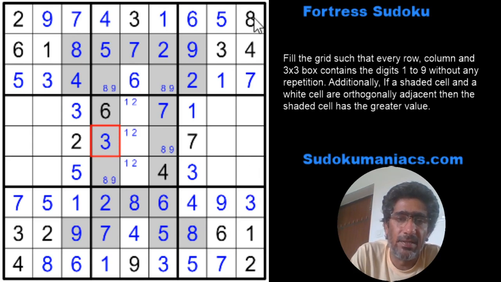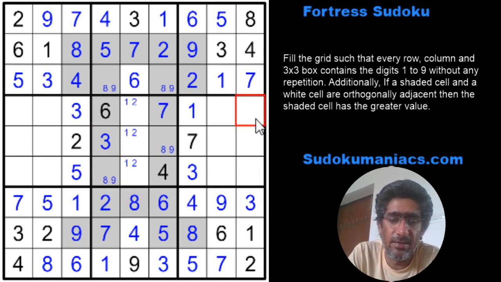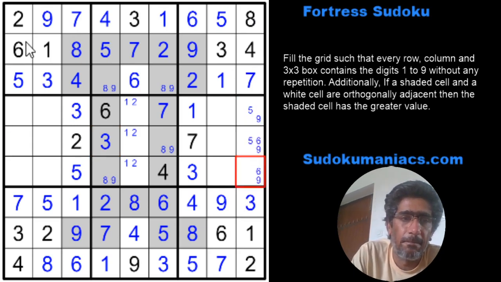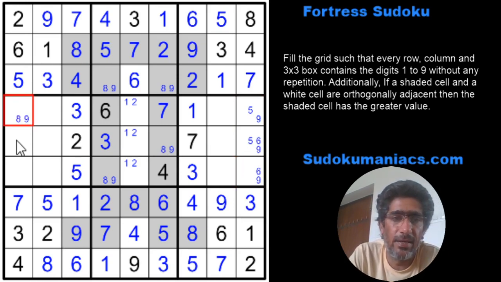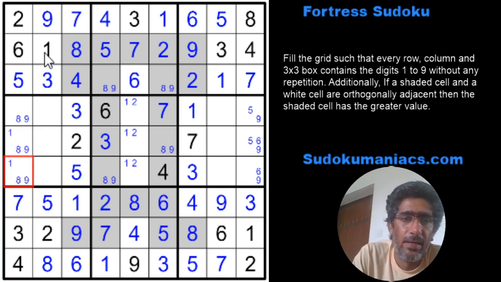Let's see what are the missing digits. So column 9, 5, 6 and 9. So this is a 5, 9, 6, 9. Column 1 was 1, 8 and 9. So that's an 8, 9, 1. And here 1, 3, 2, 3, 4, 6 and 7.